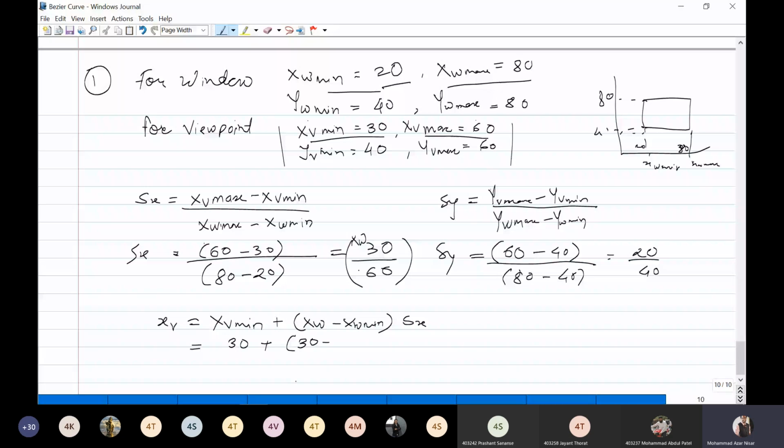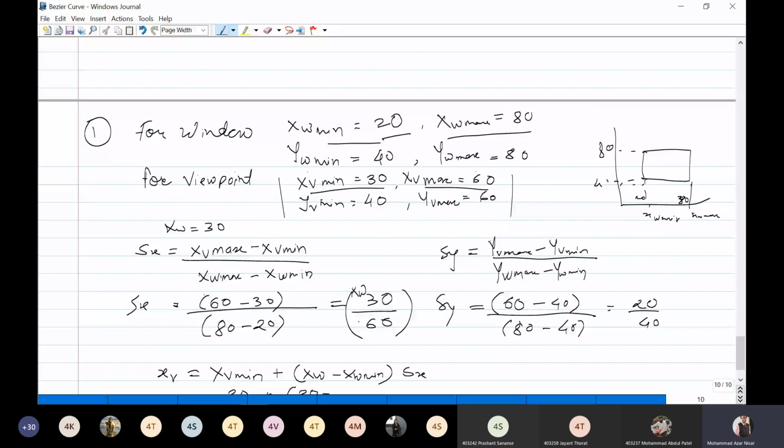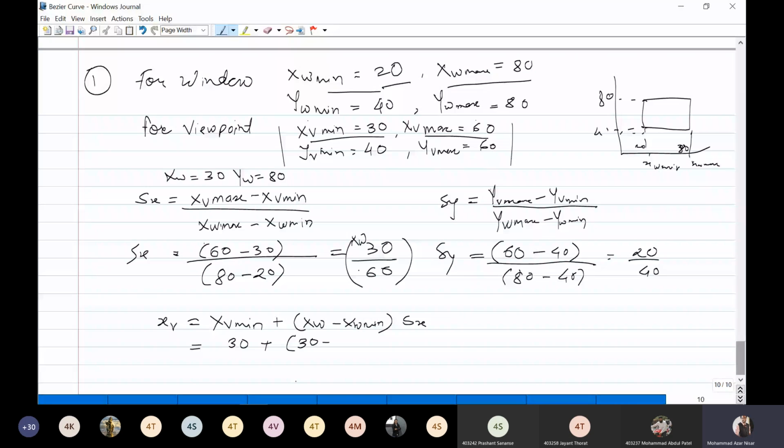In the problem they have given you the xw and yw values: xw value is 30 and yw value is 80 given. Okay, so use that 30 minus this xw minimum, which is 20.